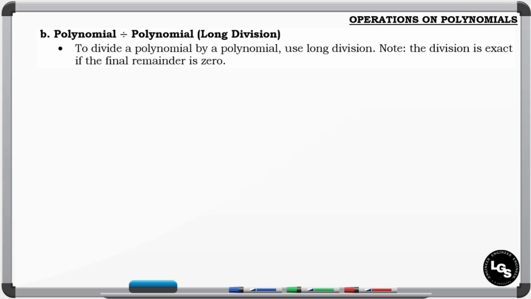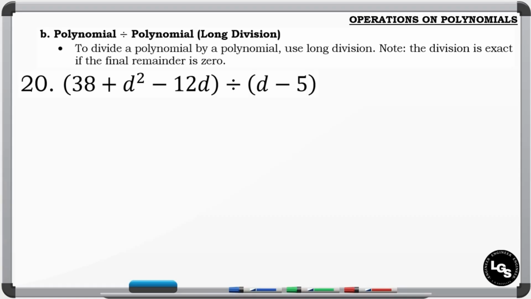So in the description, it says that to divide the polynomial by a polynomial, use long division. Take note, the division is exact if the final remainder is a 0. So let's discuss the steps by answering the first example.